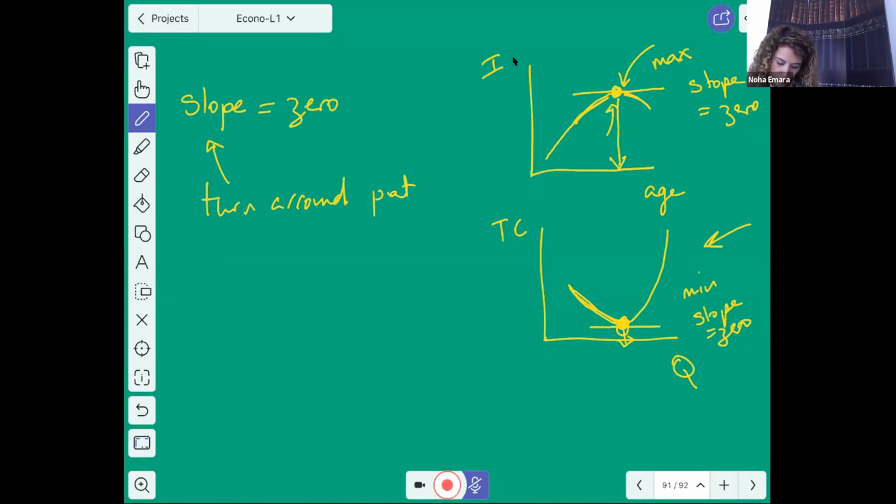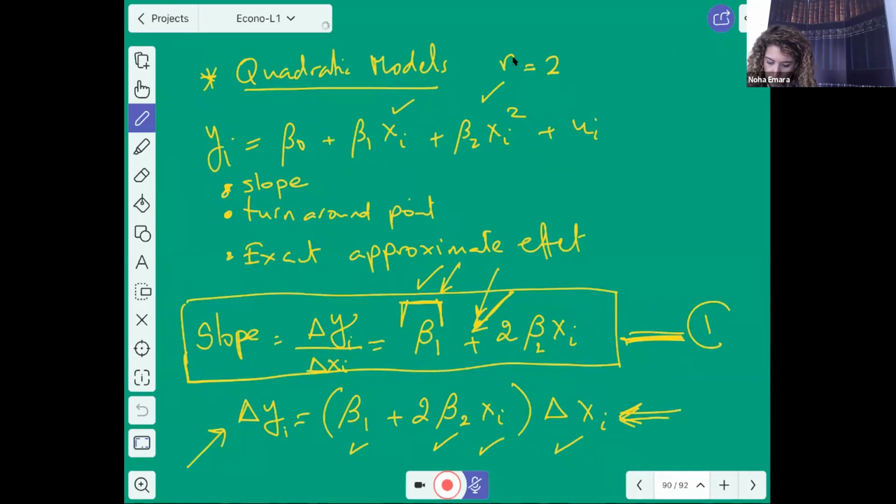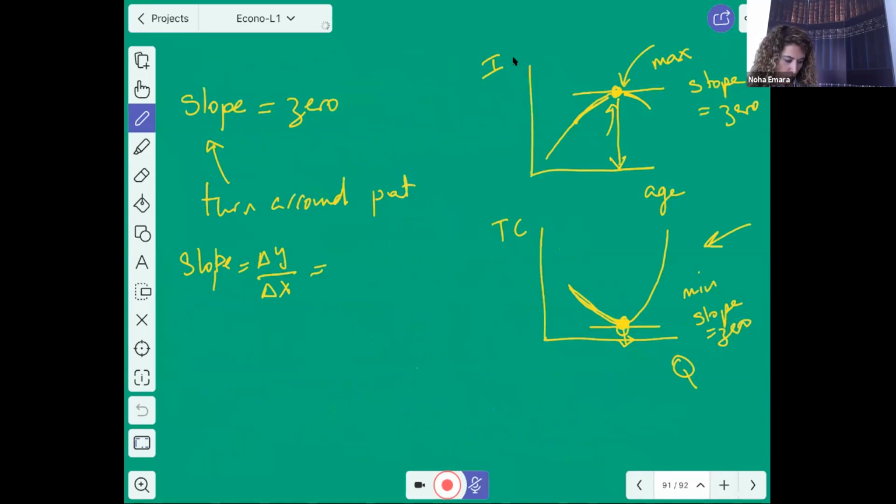From the previous slide, I know the slope, which is the change in y due to the change in x, was equal to, go back here, it's right here. I'm going to set this equal to 0, which is beta 1 plus 2 beta 2 xi, set this equal to 0 and solve for x.